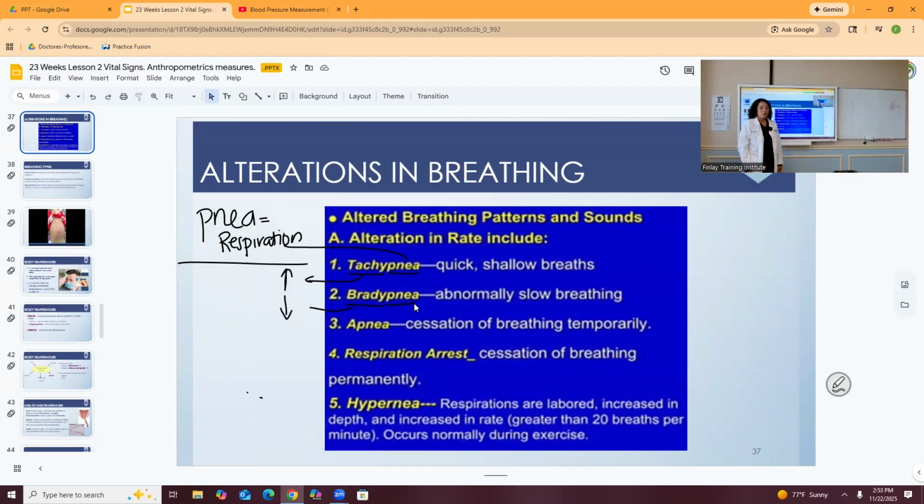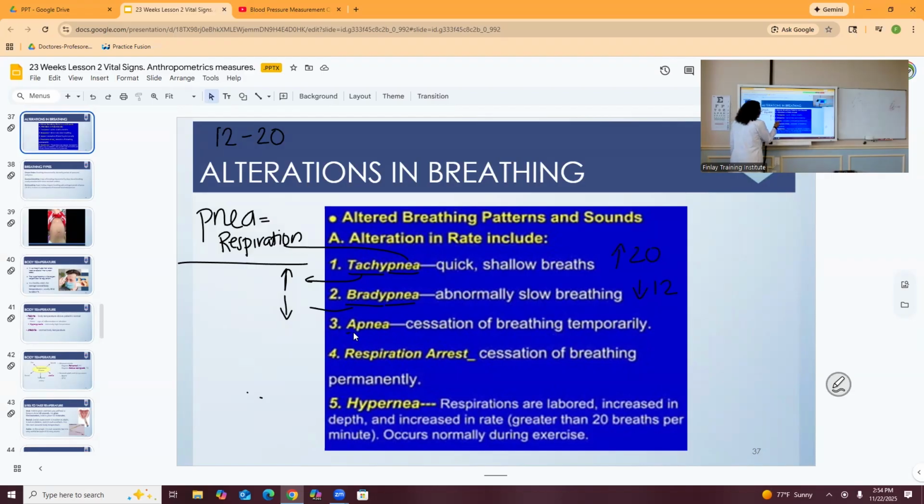The patient is breathing really slow. And we say that the normal is from 12 to 20, okay? So tachy is going to be above 20. Brady is going to be below 12.